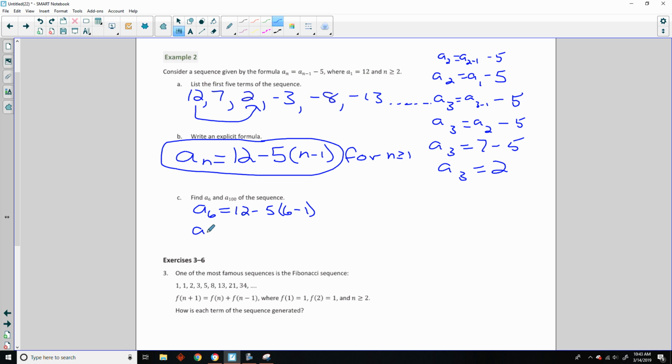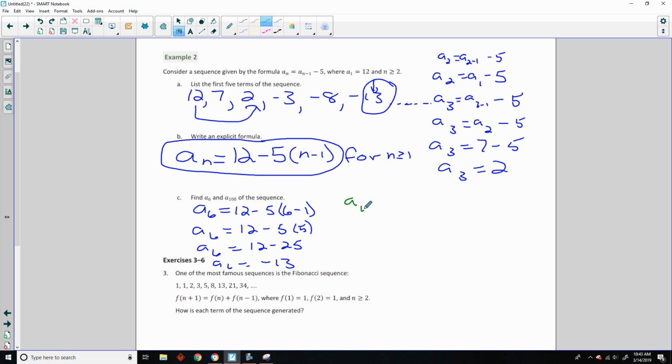So a sub 6 equals 12 minus 5 times 5, or 12 minus 25. So a sub 6 equals negative 13. And that's right here: 1, 2, 3, 4, 5, 6. It checks.